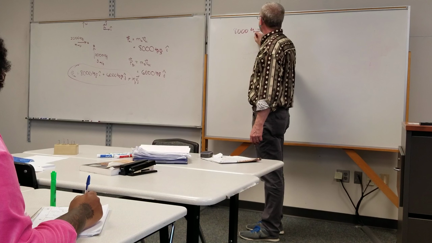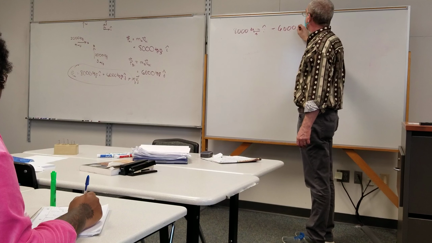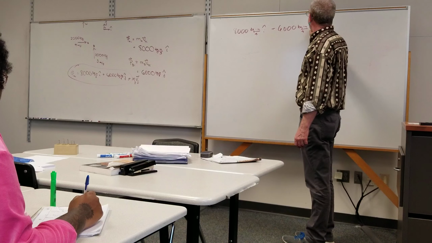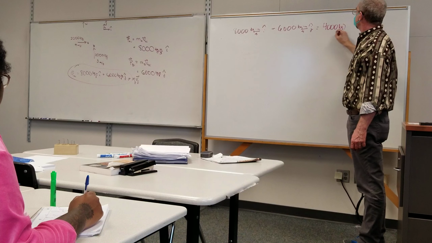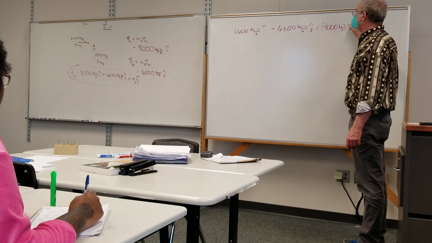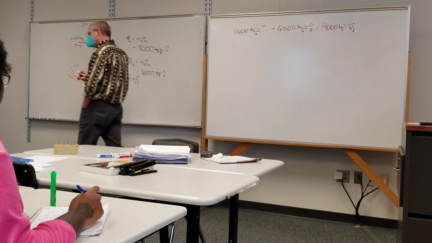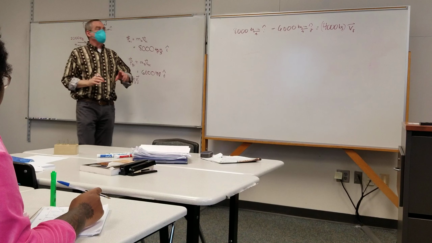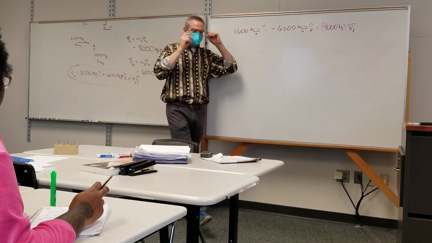So I have 8,000 kilogram meters per second I hat plus 6,000 kilogram meters per second J hat is equal to 4,000 kilograms times whatever my final velocity is. Now the question is asking what's the magnitude of the final velocity. There's more than one way of doing it, but I'm going to do it this way first, then I'll do it a slightly different way to get to the same place.